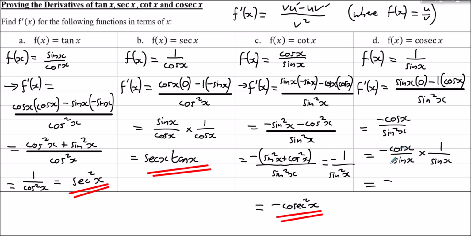So this gives us minus cot x, and 1 over sine is, of course, cosec. So minus cot x cosec x. Or if you write it a different way around, cosec x cot x. So those are the 4 key derivatives which we're going to be using in this chapter. So that's how you prove them. So let's move on.